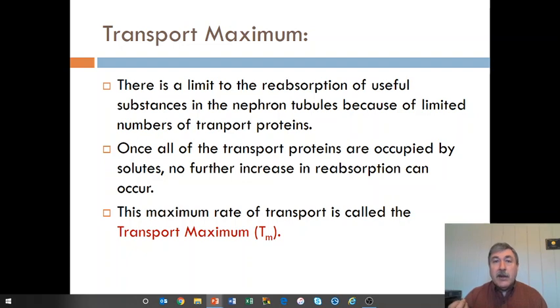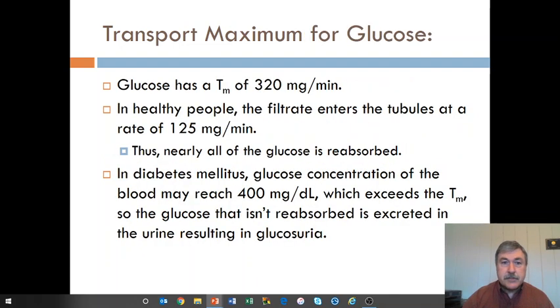And so that's why patients that have diabetes mellitus, whether it be type 1 or type 2, have what's called glucosuria, which is glucose in the urine, because the concentration of glucose in the filtrate has exceeded their transport maximum. So ordinary glucose has a transport maximum of 320 milligrams of glucose per minute.